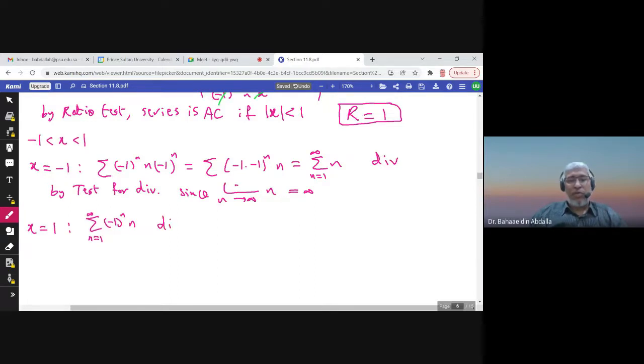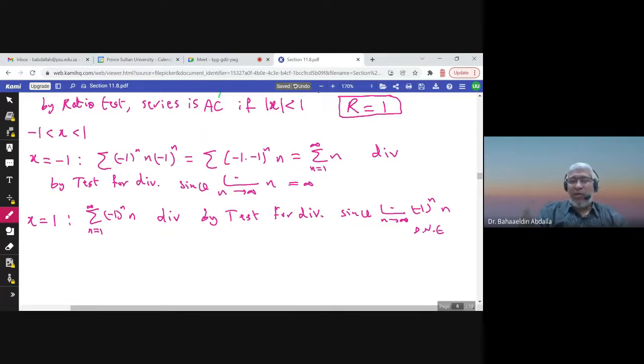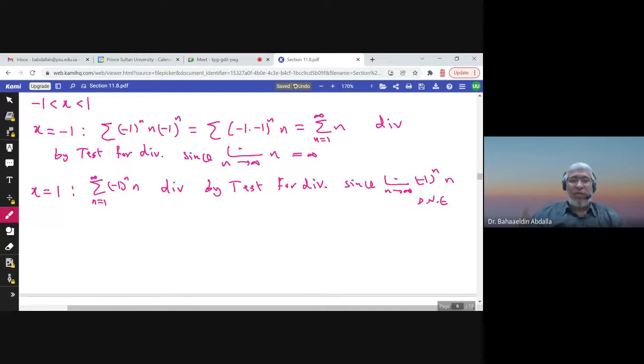And this is also divergent by test for divergence, because limit of negative 1 to the power n times n when n goes to infinity does not exist, because we have seen that the limit of n is infinity, so this will give you plus or minus infinity. It's not 0, does not exist in fact, so this series is divergent.